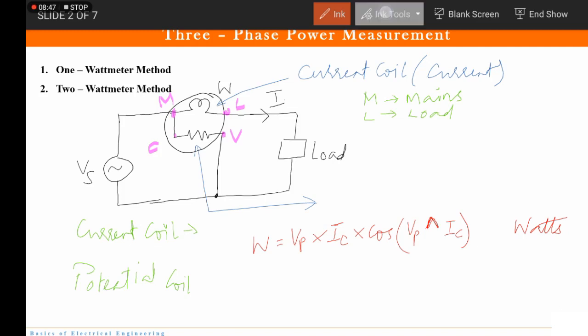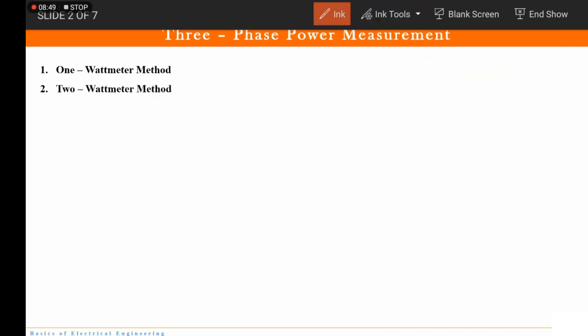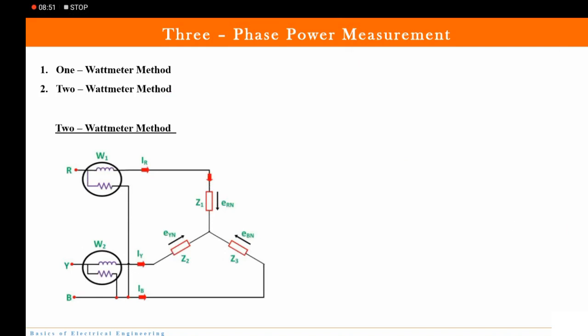Fine. Okay, now we will be talking about the two-wattmeter method. So this is how the two wattmeters are connected. Obviously here you have two wattmeters, W1 and W2. This is a three-phase winding connected in star fashion. You have three-phase windings R, Y and B. Two wattmeters are connected.